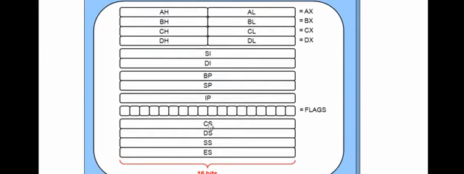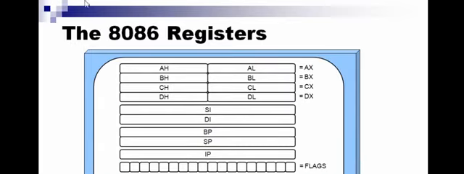Here in the downside you could see we have 4 segment registers: code segment, data segment, stack segment, and extra segment. These segment registers hold the address of the segments, because in 8086 the memory is segmentized.